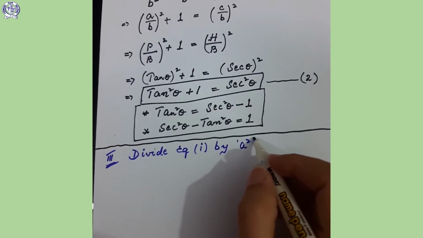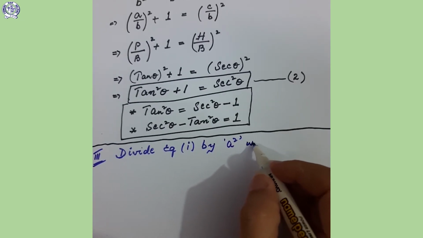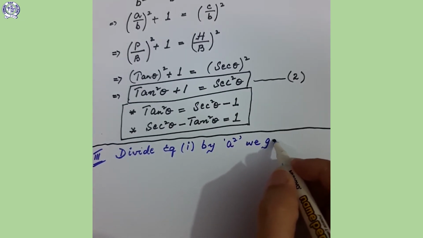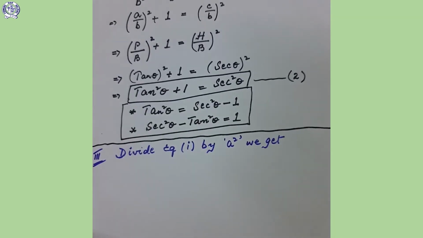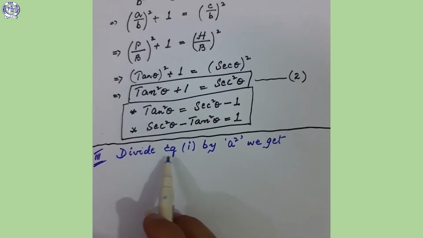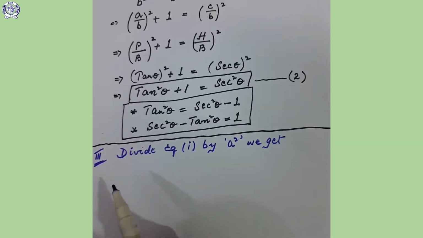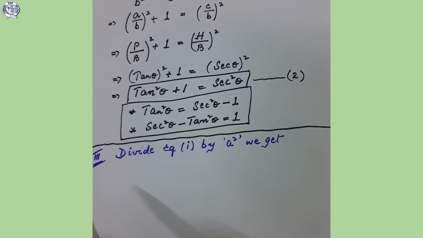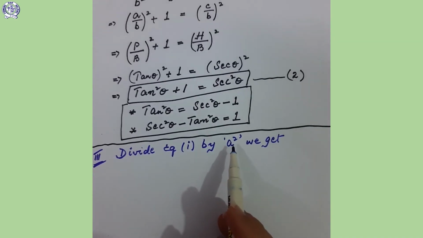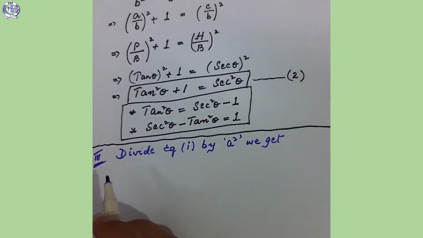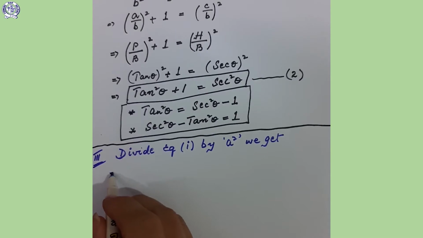Now if it comes in the exams to derive, you will write the equation. You will not write equation 1 because you don't have to do all three, only one can come. So you write the Pythagoras theorem and then divide the equation by a square or b square or c square, whatever they have asked in the question.